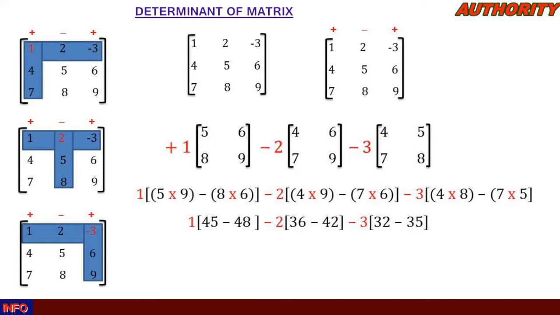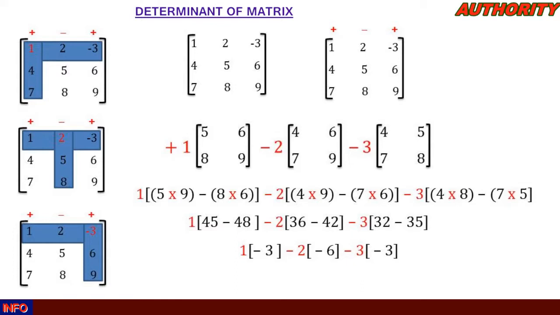Okay, now let's go. We have 1. 45 minus 48 is equal to minus 3. So we have 1, open bracket, minus 3. Then we have minus 2 in brackets, and 36 minus 42 gives us minus 6. We also have minus 3, and in the next bracket, 32 minus 35 is equal to minus 3.